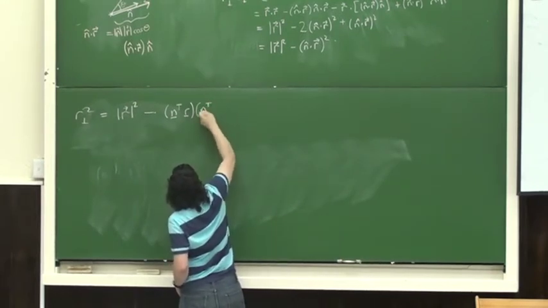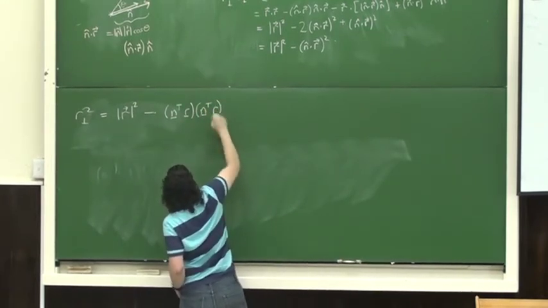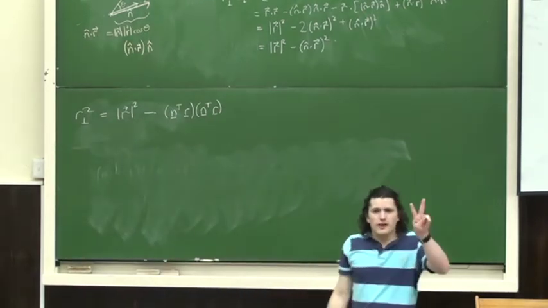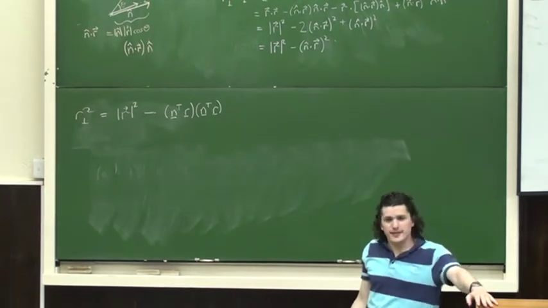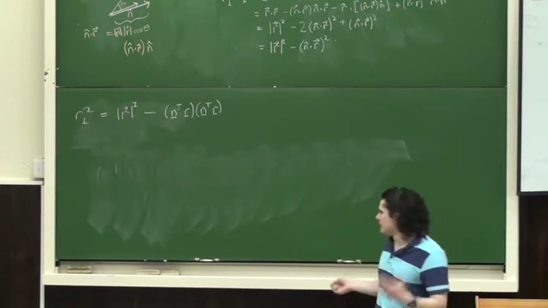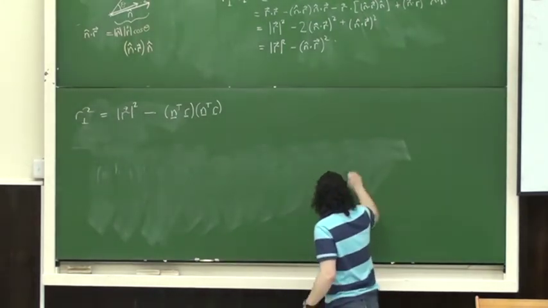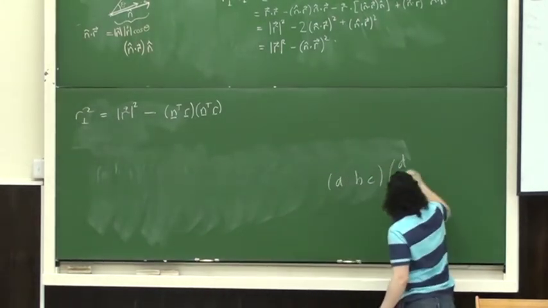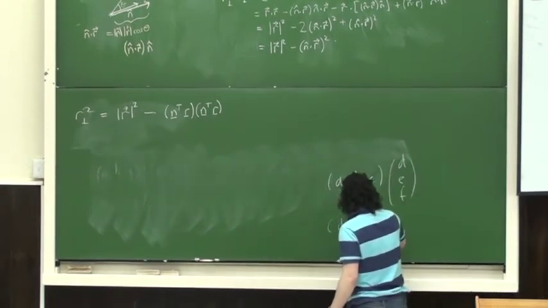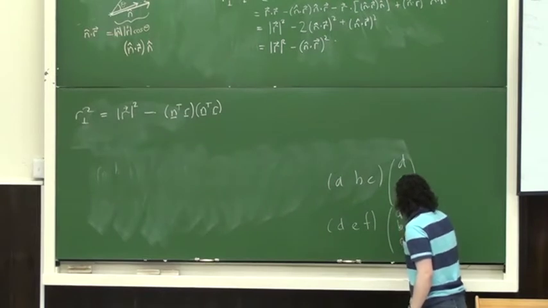n transpose r. Now, n transpose r and r transpose n are the same thing. I'm just putting one vector in front of the other vector. It doesn't make a difference, right? I mean, (A, B, C) times (D, E, F) is the same thing as (D, E, F) times (A, B, C).